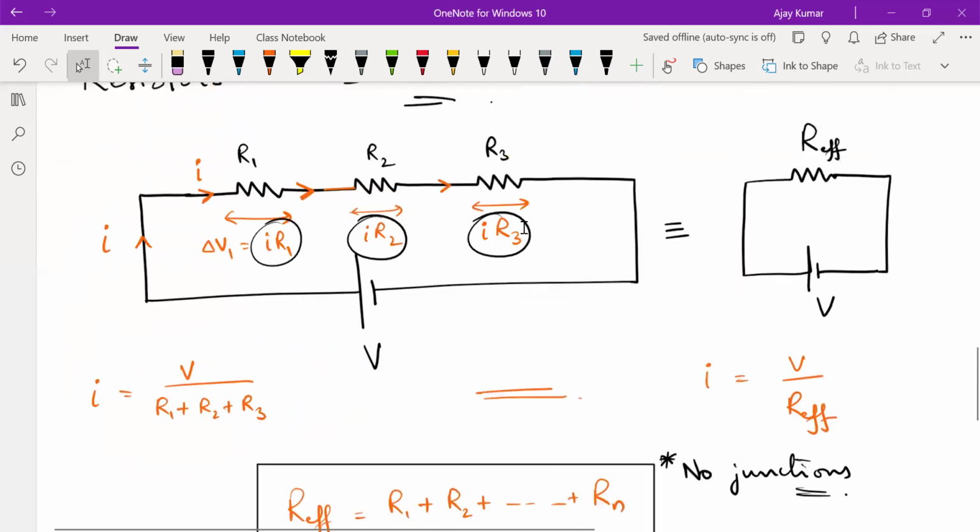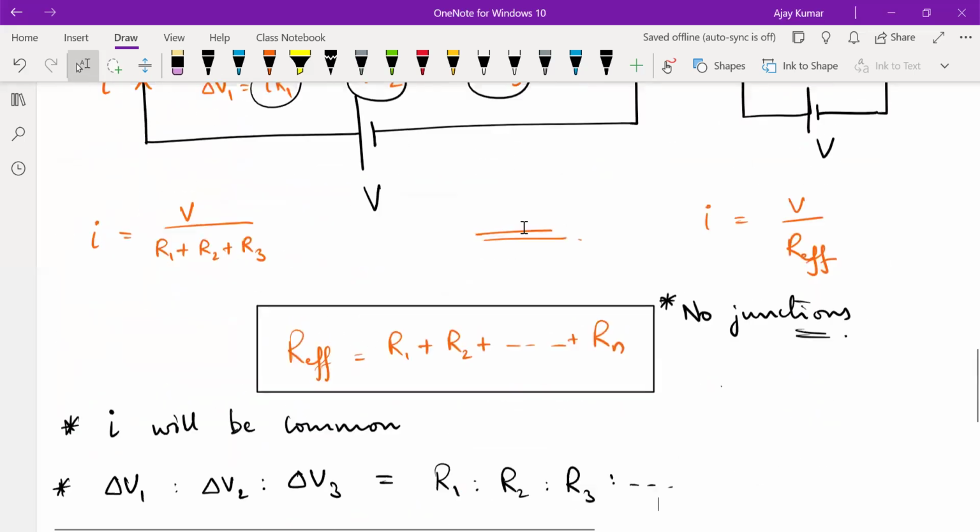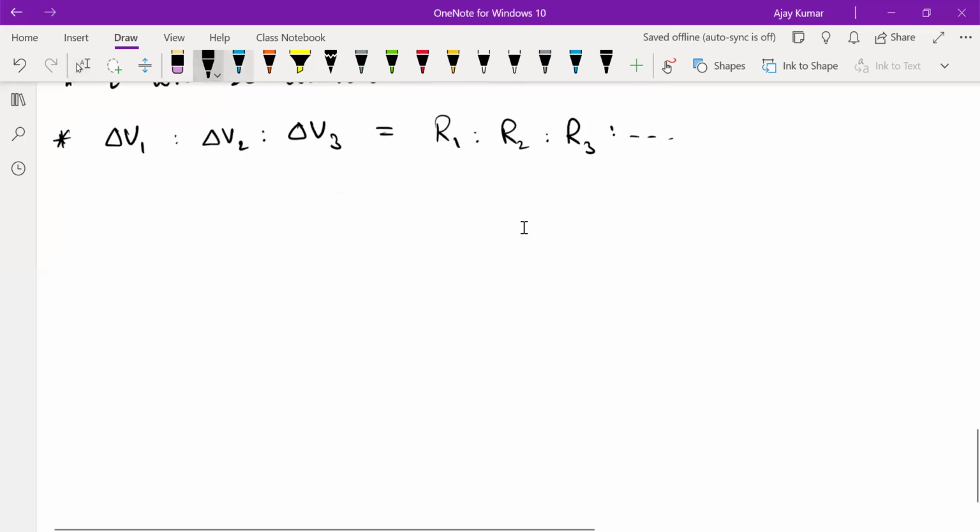So these are the only things you need to know about a series combination of resistors. Let's solve one basic question based on these.